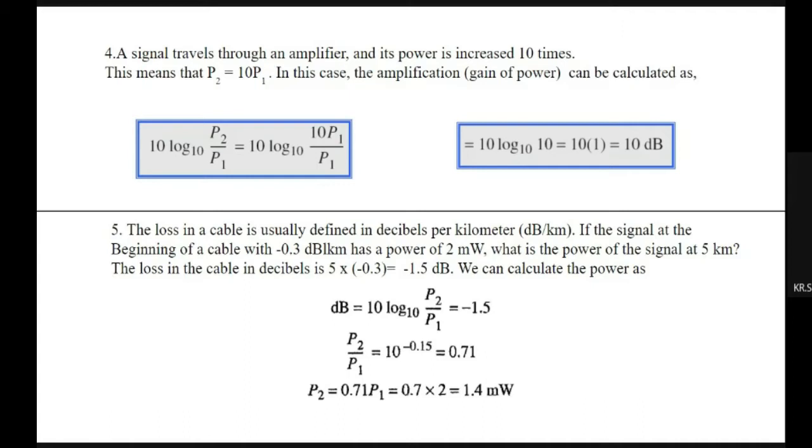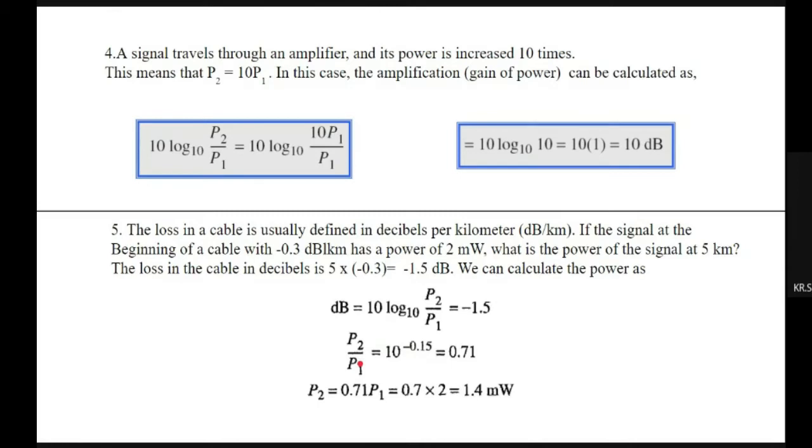So I just write on the right hand side P2 divided by P1, which is 10 to the power of minus 0.15. For this calculation, the final value is 0.71. So this is the value for P2 divided by P1.